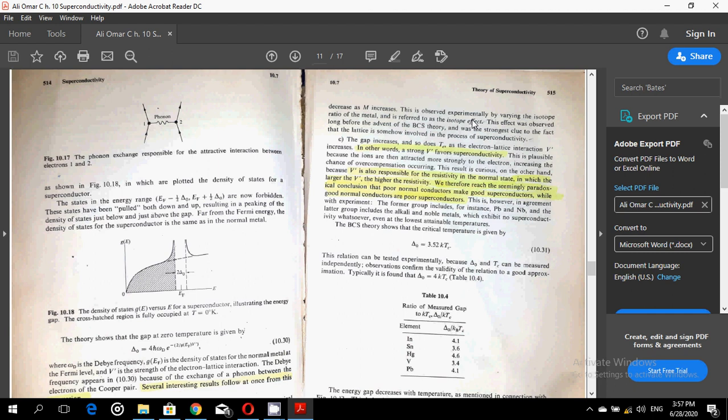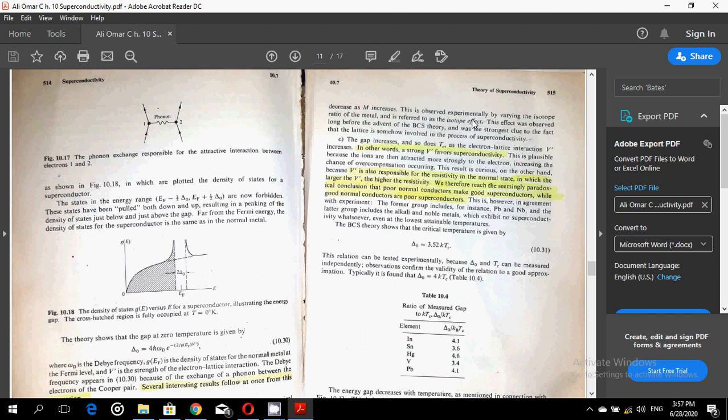So this is the experimental observation to probe the energy gap. The gap can therefore be determined from the frequency at which the absorption commences. Since delta naught is of the order of 10 to the power minus 4 electron volts, the corresponding frequency lies in the infrared region.